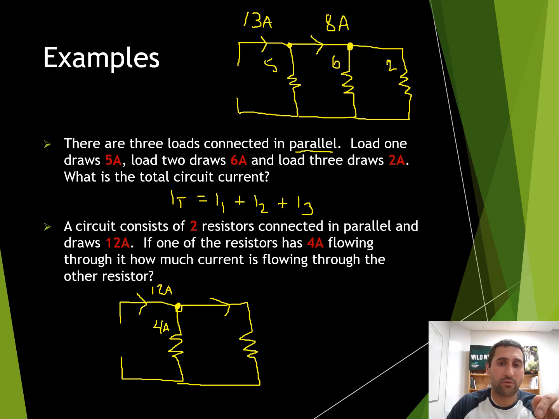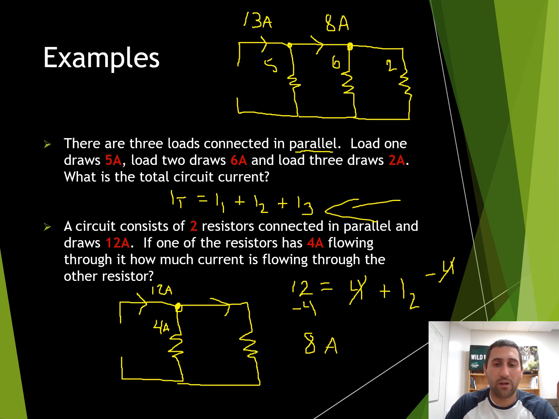Well, if we go back to this formula and look at it, we know that we just have I1 and I2 and I total. So we can say we know our I total is 12. And our I total is going to be equal to 4 plus I2. We don't know I2. So if we subtract 4 from this side, and subtract 4 from this side, 12 minus 4 is going to be equal to 8.